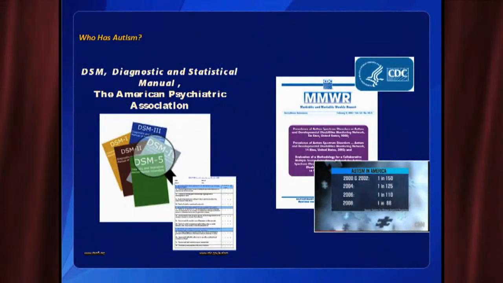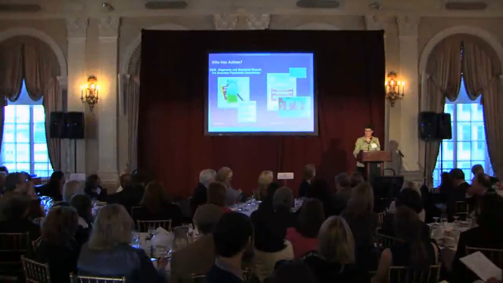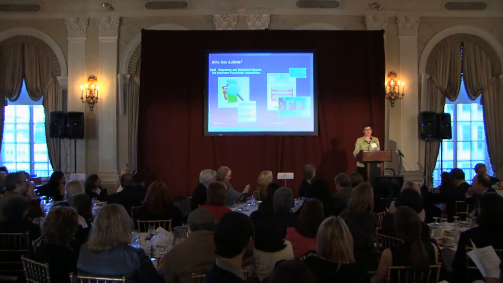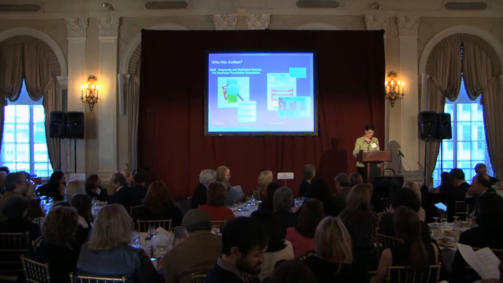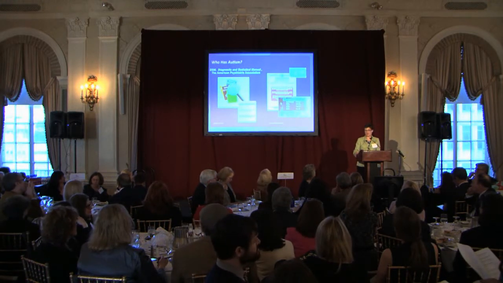Now, we could talk about diagnostic criteria and the way the Centers for Disease Control and Prevention compiles the statistics of autism, and we will touch on these important things, but we need more context in answering the question of who has autism. Autism and autism spectrum disorder are labels.